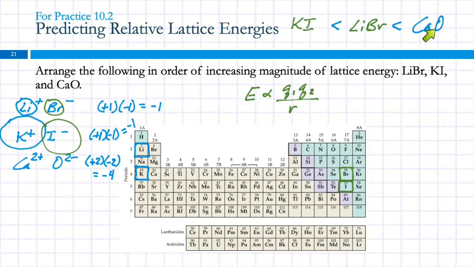The calcium oxide is greatest because the Q1 times Q2 is bigger. And then we could look and see how the sizes of the calcium oxide compare to the other one. Here's oxygen, and here's calcium. Calcium's going to be similar in size to potassium, a little smaller, but not a heck of a lot.